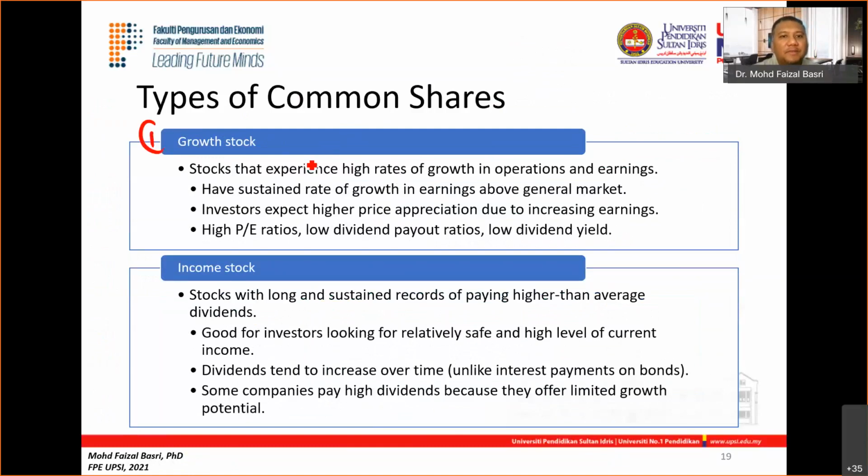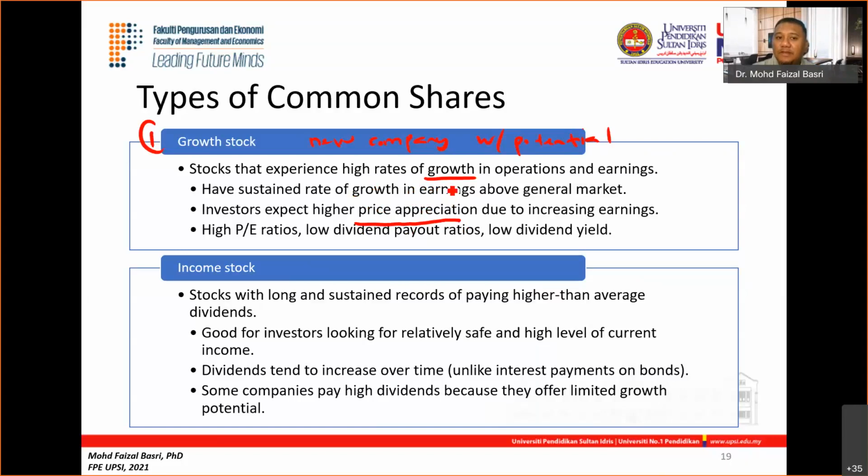Growth stocks simply means we can consider them as a new company, but with potential. These stocks experience high rates of growth, so they might have very good current price appreciation. Meaning if you look at their share price, it might increase very sharply from one time to another.